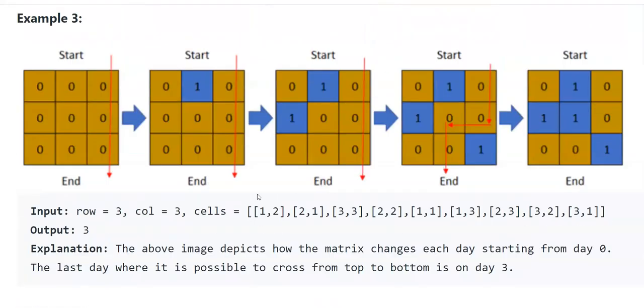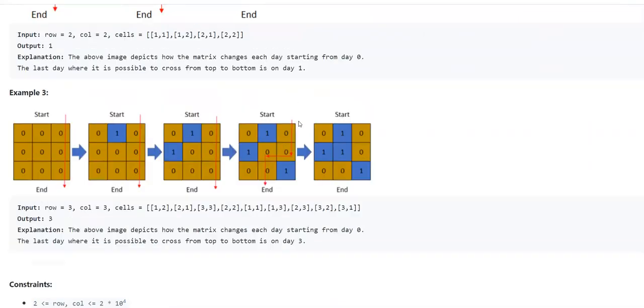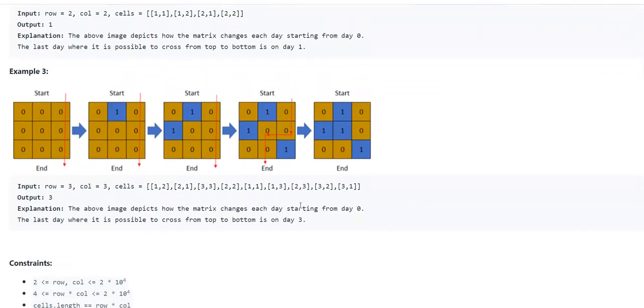So what's the basic idea? If on any day you have to check whether you can go from any cell on the top to any cell on the bottom, you can do that using either DFS or BFS.